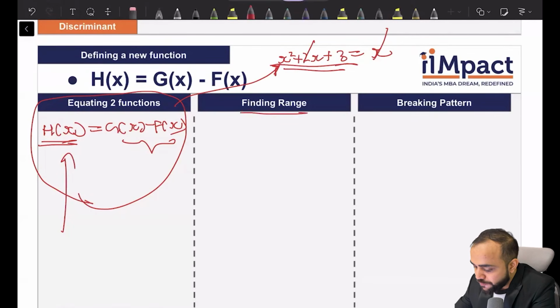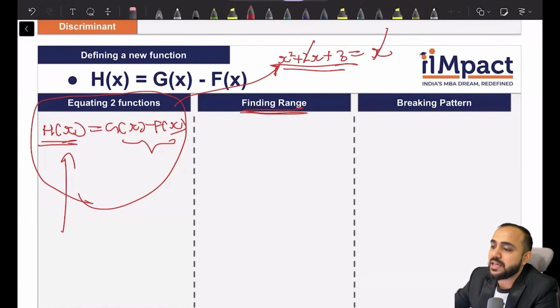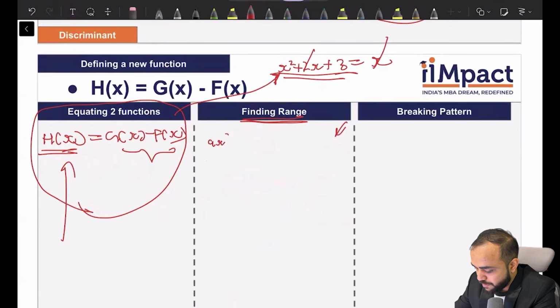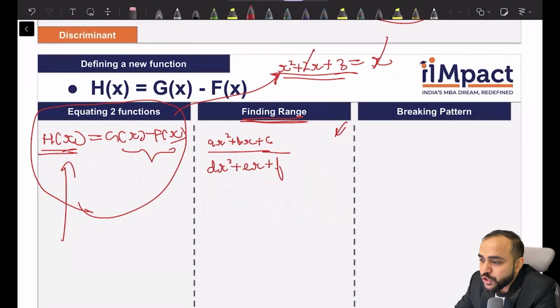Now, your h of x can also be used for finding range in a very specific scenario: (ax square plus bx plus c) divided by (dx square plus ex plus f). What they have asked you is what is the minimum or maximum value of this expression. Let's say that the value of this expression for any x is capital H. Now, can I cross multiply?